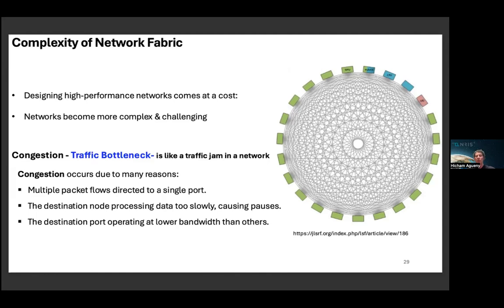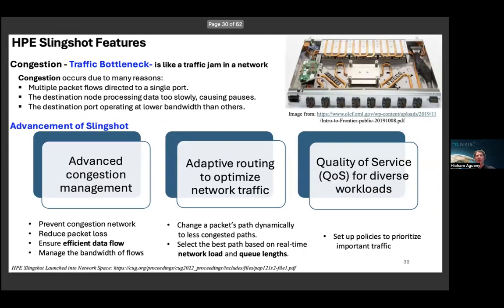It also affects the bandwidth availability. And sometimes the bandwidth is not balanced between different physical ports. All these issues lead to slowness and block the traffic of the network. But HPE Slingshot comes with some features to overcome those issues.